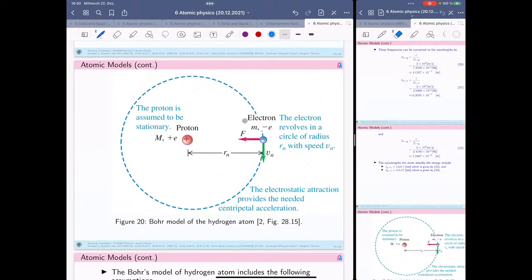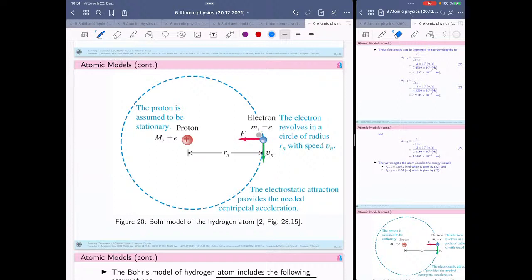That's the Bohr atomic model for the hydrogen atom, right? Hydrogen is the first element in the periodic table. It has only a single particle in the nucleus, a proton. There's no neutron at all, right? And once we have the positive charge, there should also be a negative charge in order to have balance in this atom.